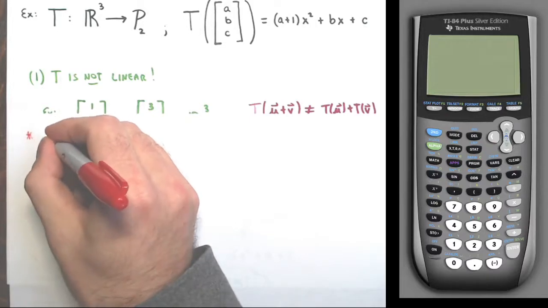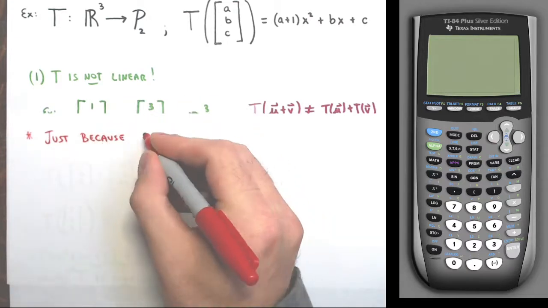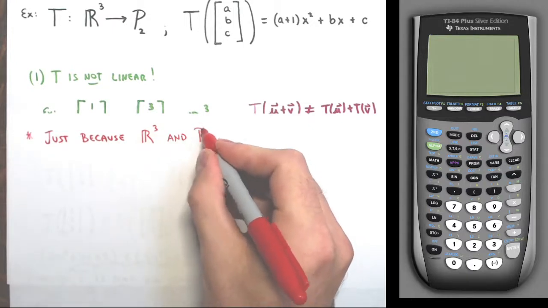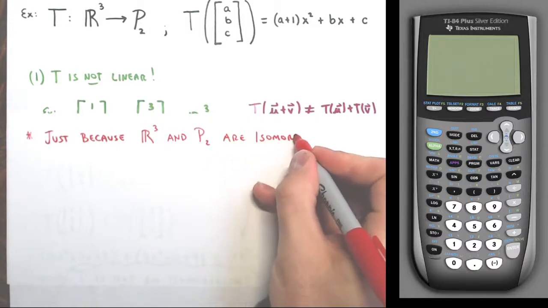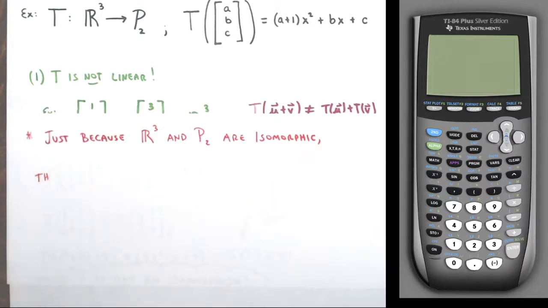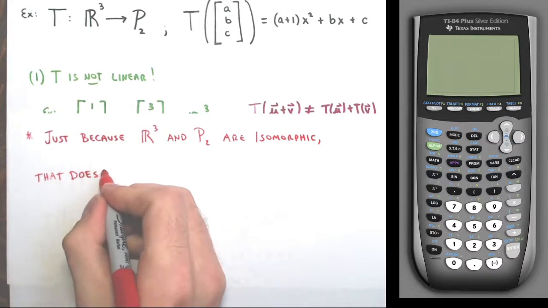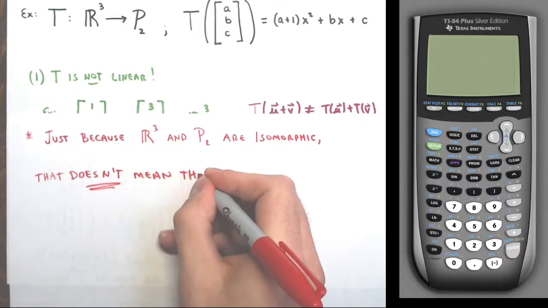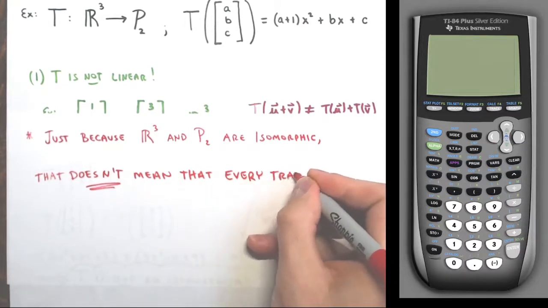Just because R3 and P2 were isomorphic, that doesn't mean that every transformation between them is an isomorphism.